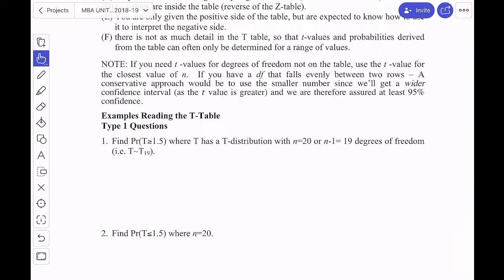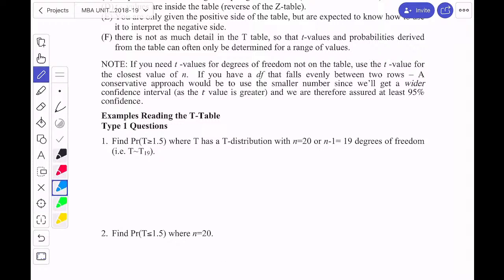This is really what we're talking about, the upper tail probability, for n equals 20 or degrees of freedom 19. So we have to go to the 19th row and see what's happening.